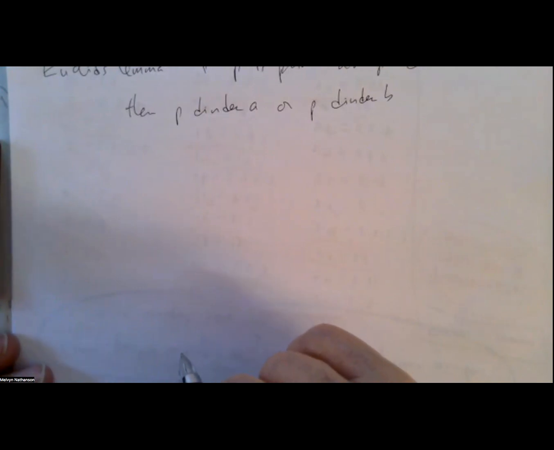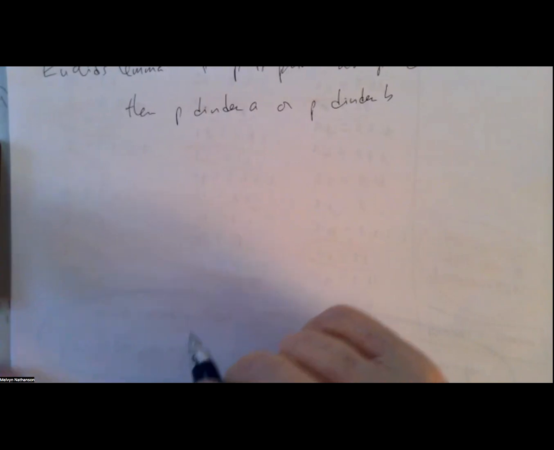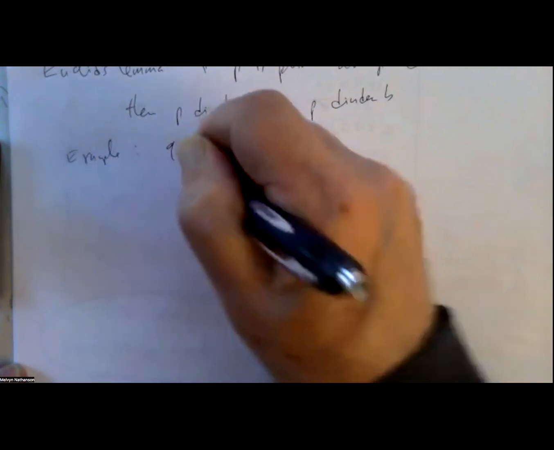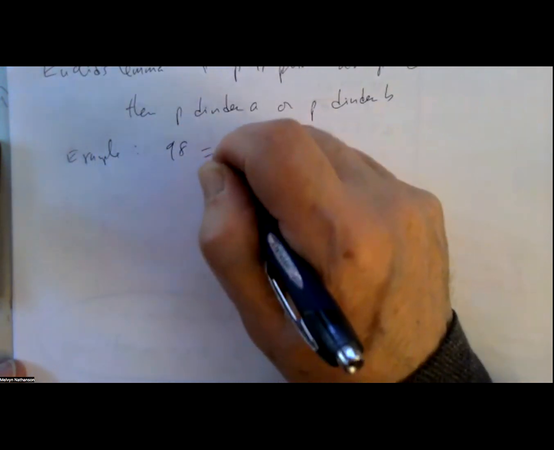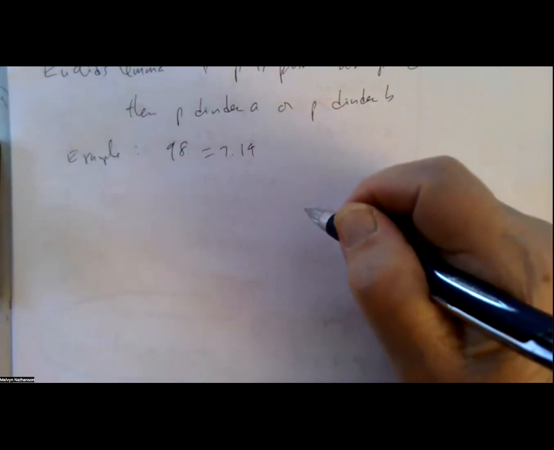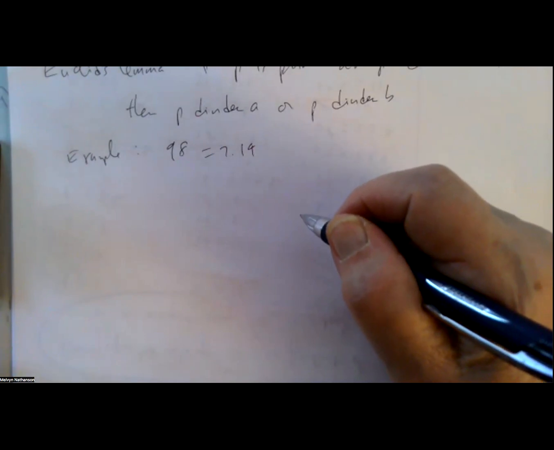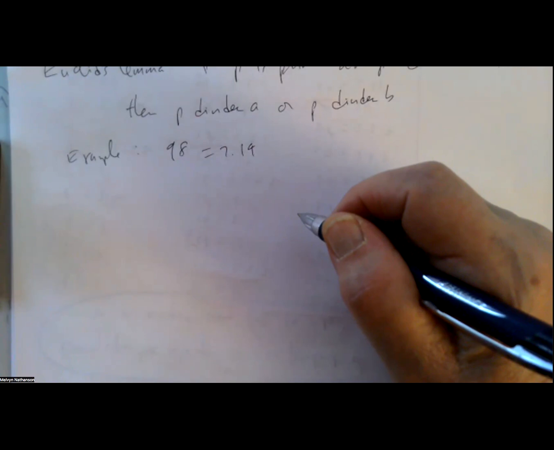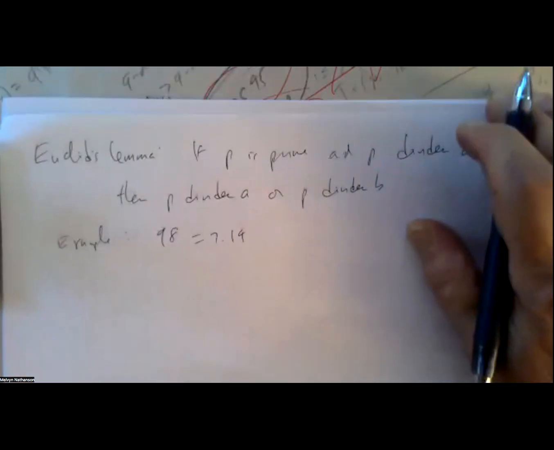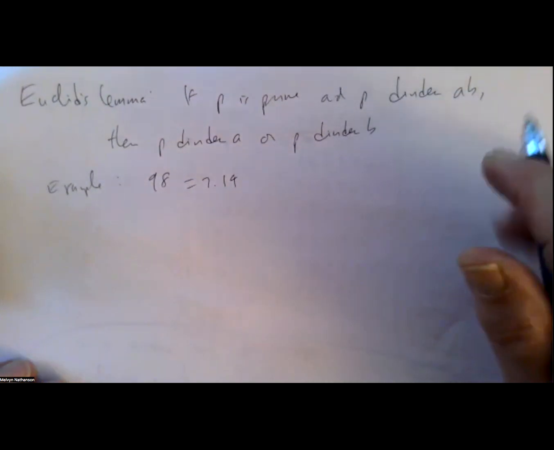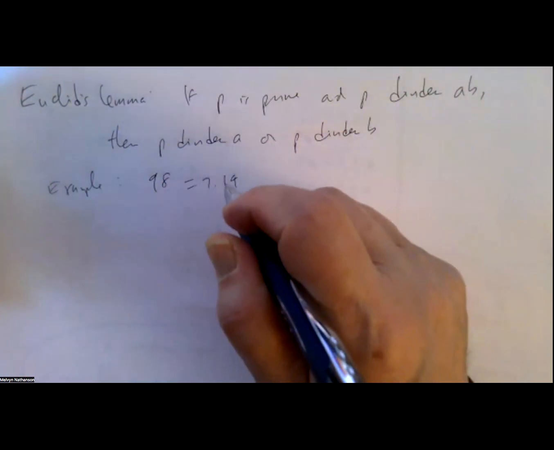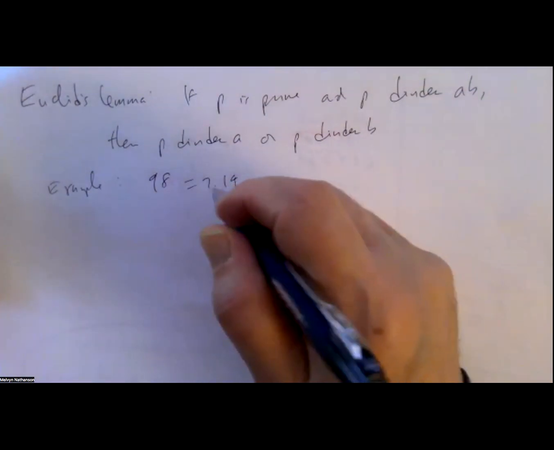So for example, 98, if I divide that by 7, I get 7 times 14. So this is Euclid's lemma. It says, if P is a prime and P divides a product of two numbers, then it divides one of them.